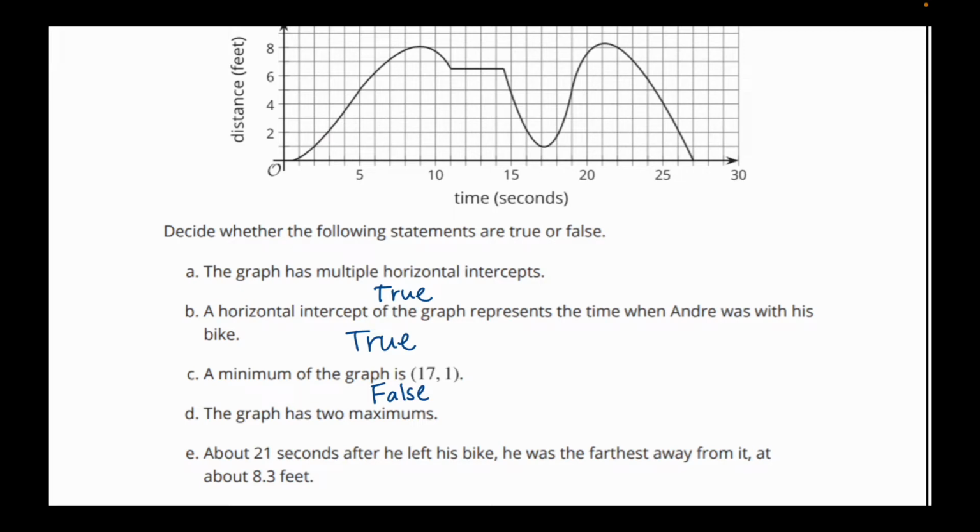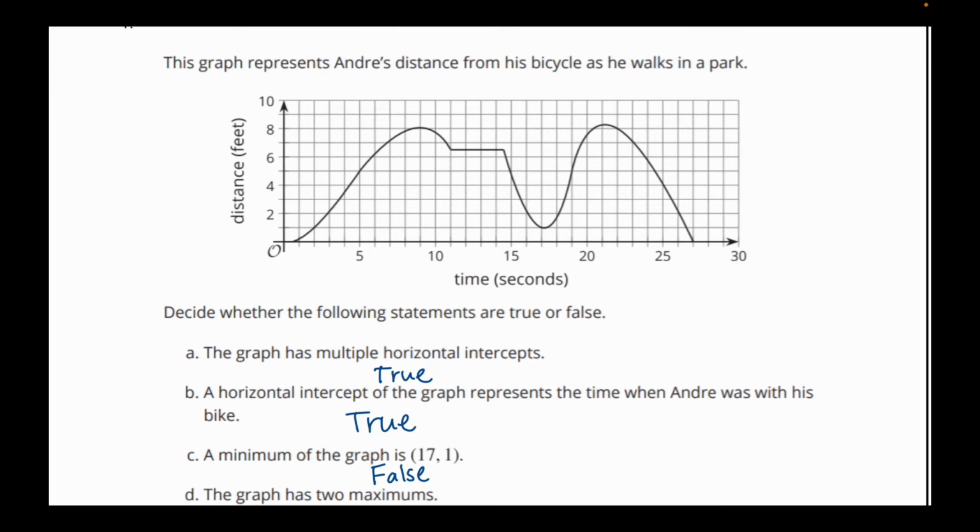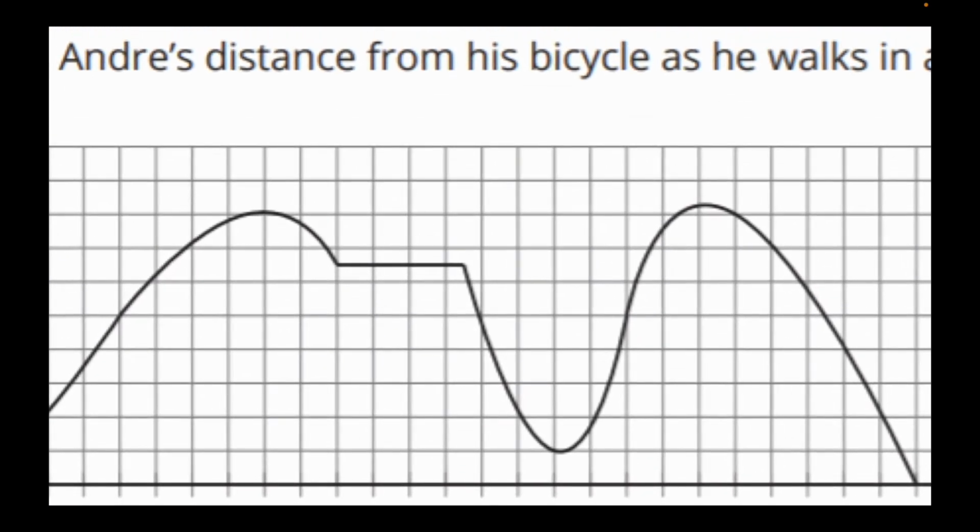Part D says this graph has two maximums. So a maximum would be the highest point on this graph. And if we just look at it from here, it looks like we do have two sort of bumps, but let's actually look at these closer.